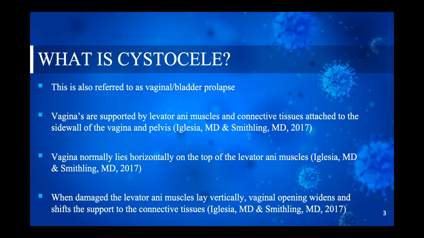The vagina normally lies horizontally on top of the levator ani muscles. When damaged, the levator ani muscles lay vertically. The vaginal opening widens and shifts the support to the connective tissues.